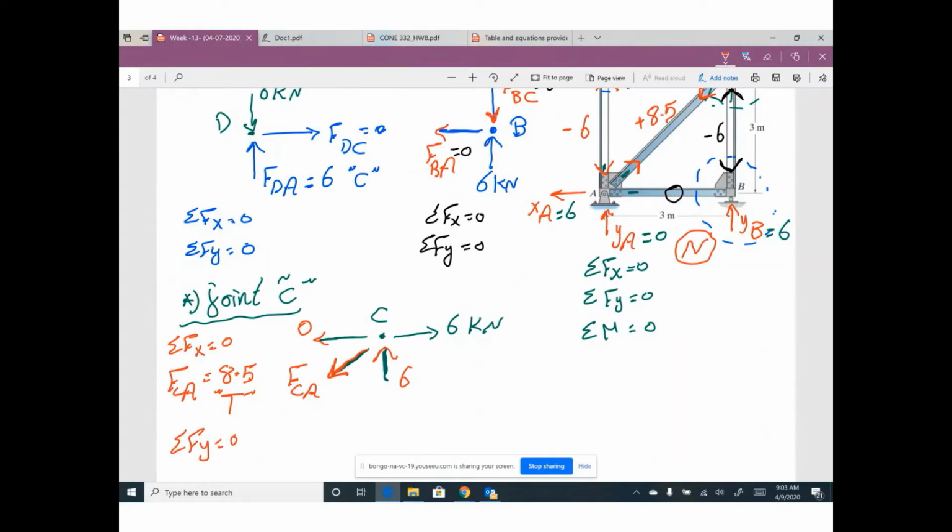Remember that this angle is 45 degrees. So if you apply, for example, summation f of x equals 0, you have FCA cosine 45, which is negative, plus 6 equals 0. Your final answer will be 8.5. Okay?